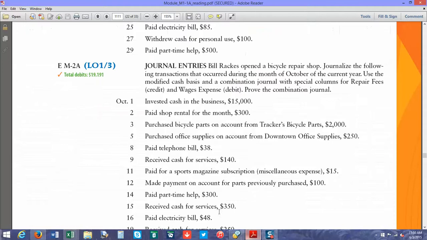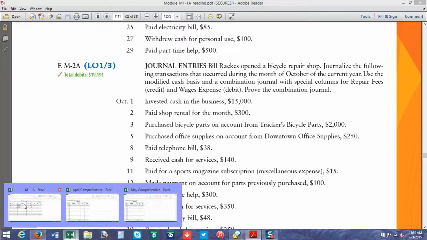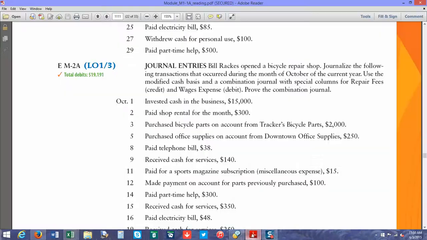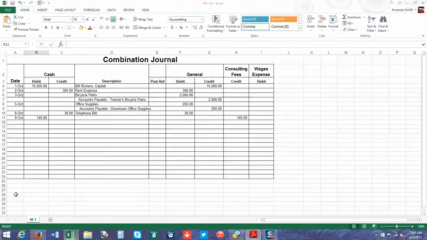Next, we paid for a sports magazine subscription, a miscellaneous expense, for $15. And that was the 11th. So the 11th of October, $15 miscellaneous expense. And then we're going to debit $15.